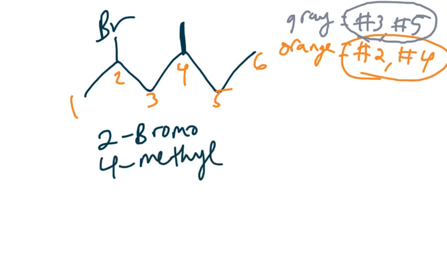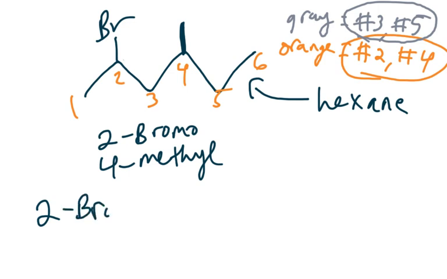B comes before M, so that's why we list the bromo first. Another thing to point out before we write the molecule name is that this is a 6-carbon chain, so that would be hexane as our parent chain, alkane. If we write the final name in alphabetical order, that would be 2-bromo-4-methylhexane.